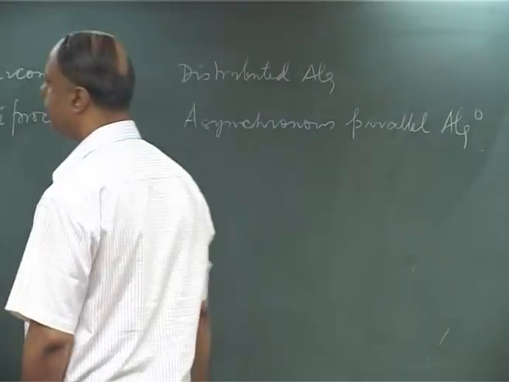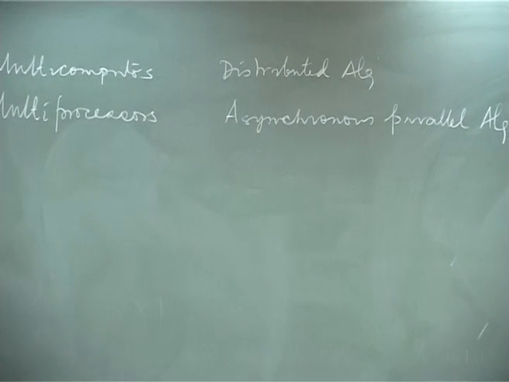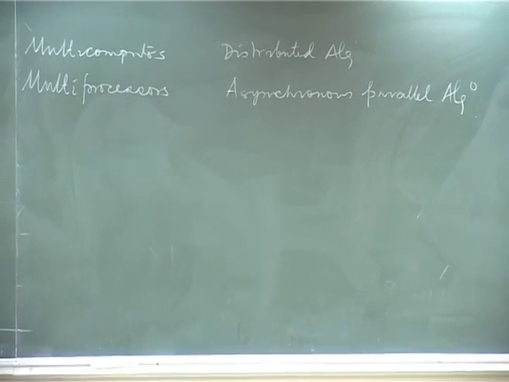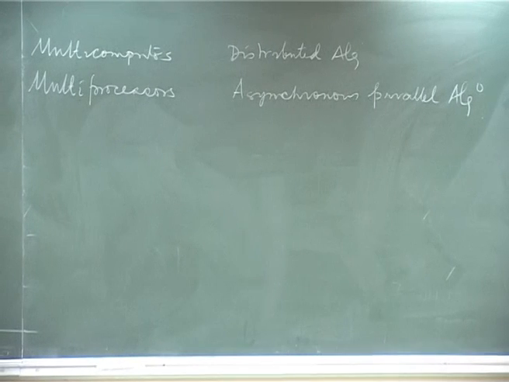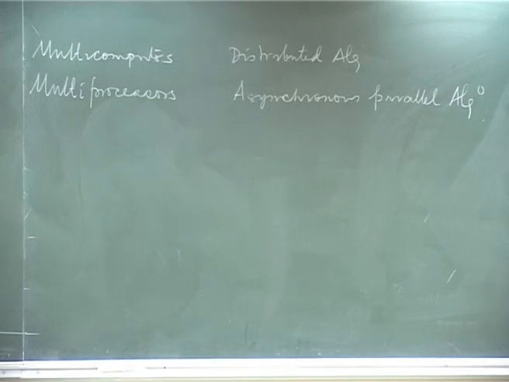We have the asynchronous parallel algorithms, and here the time complexity plays the role to measure its complexity. So these are the various models you have in front of you for designing parallel algorithms.